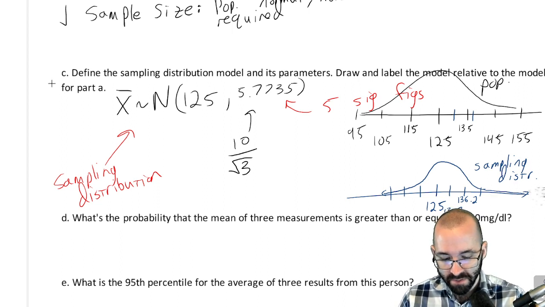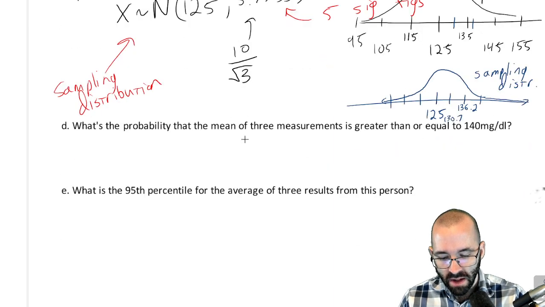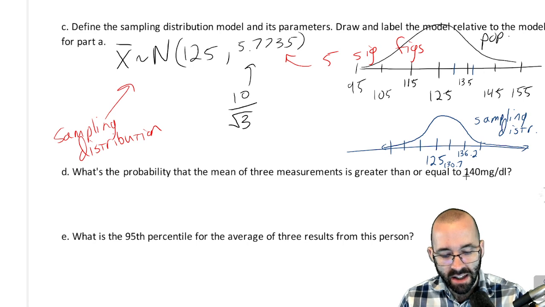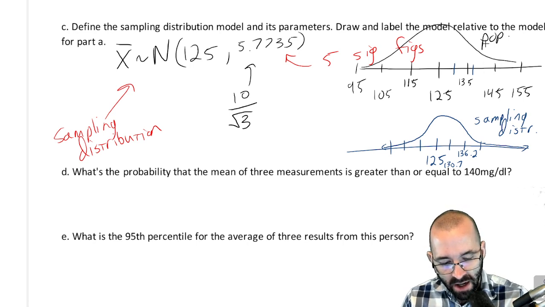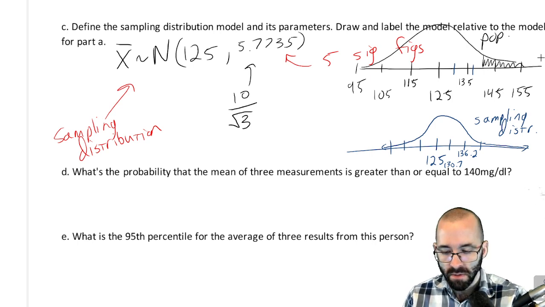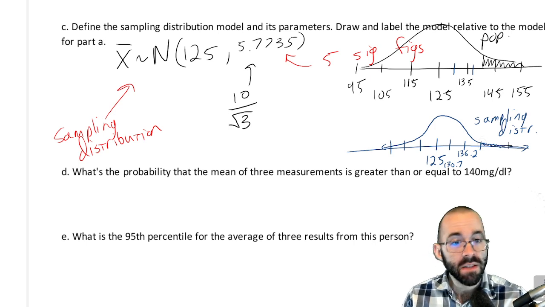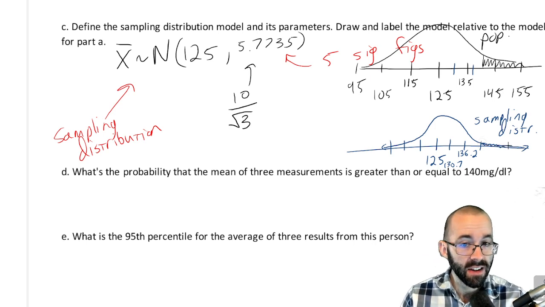All right. So, what is the probability that the mean of 3 measurements is at least 140? And again, for one measurement being 140 is pretty possible. 3 measurements being 140, that's much less likely.